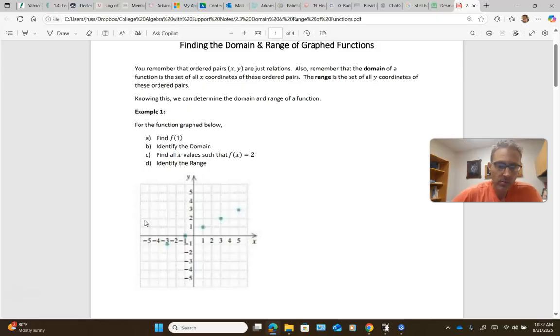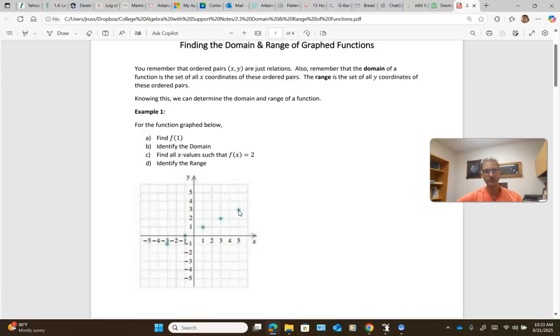Okay, this one is actually made up of 5 points. And we're not really going to be seeing many functions like this. This function only consists of 5 points. Most of the functions that we see are going to consist of infinitely many points. That's where we get those smooth curves or those lines.